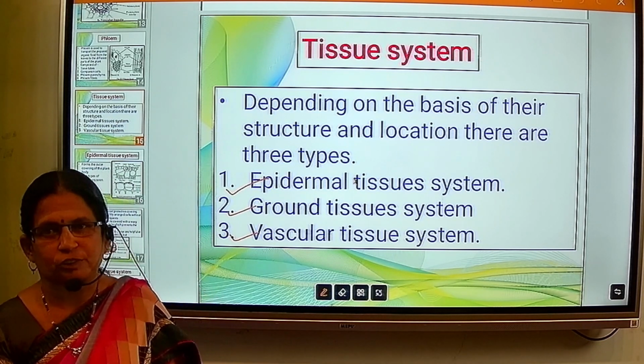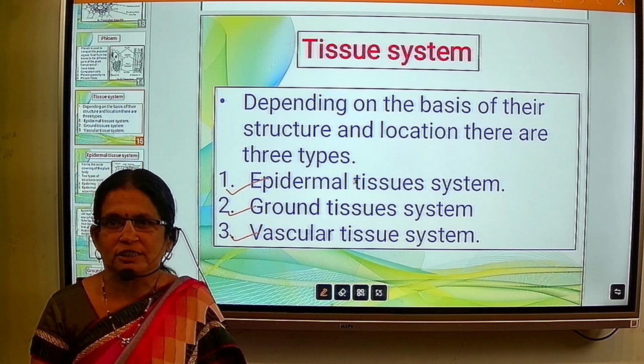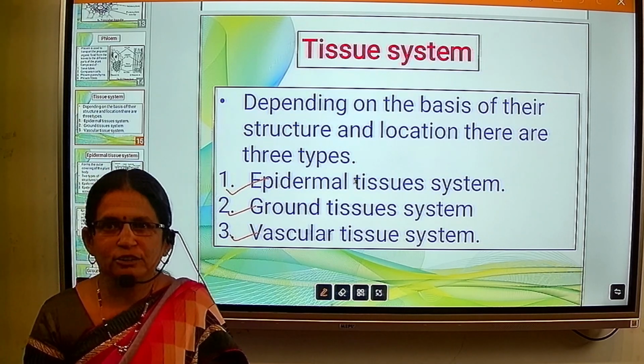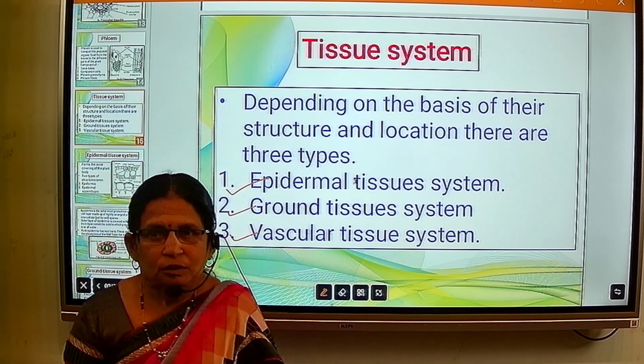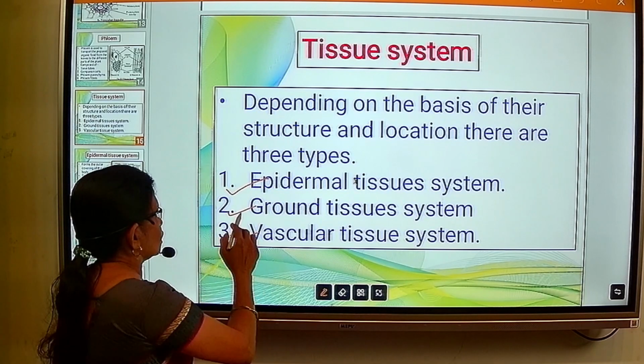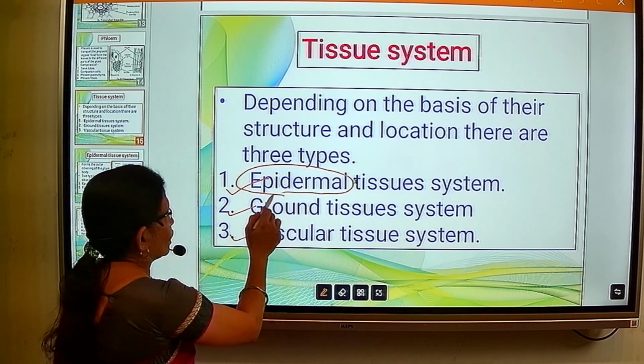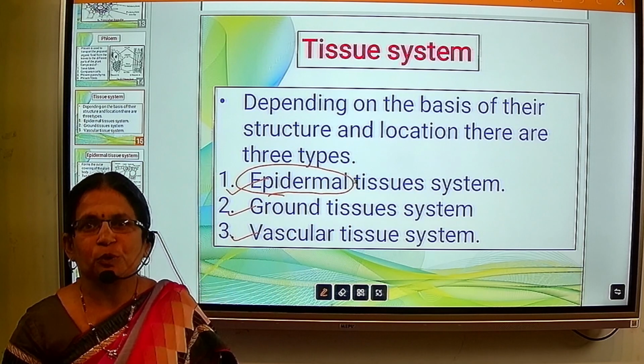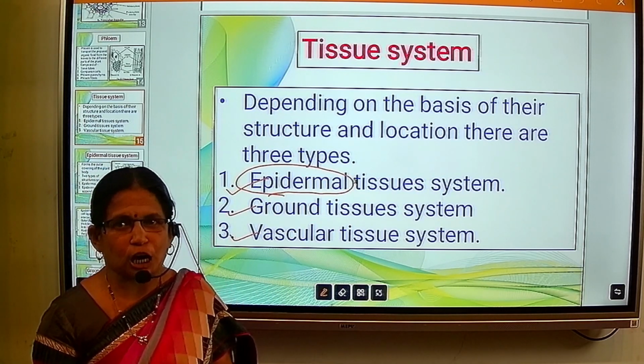All these tissue systems are based on their structure and location. First we will complete the epidermal tissue system. EP means what? EP means above.